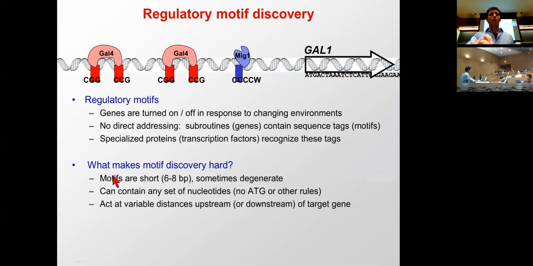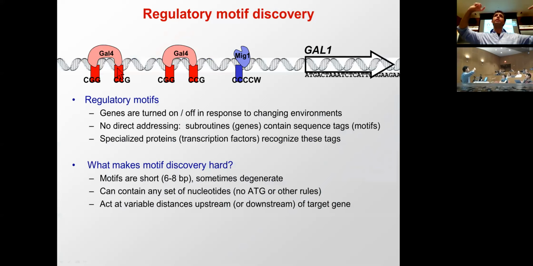Okay? So what makes motif discovery hard is that motifs are very short. They're only 6 to 8 base pairs long, and they're sometimes degenerate. As I mentioned here, you can have any position being a degenerate position. They can contain distances between them. In this particular case, the Gal4 transcription factor binds on the same side of the double helix, but 11 nucleotides apart.